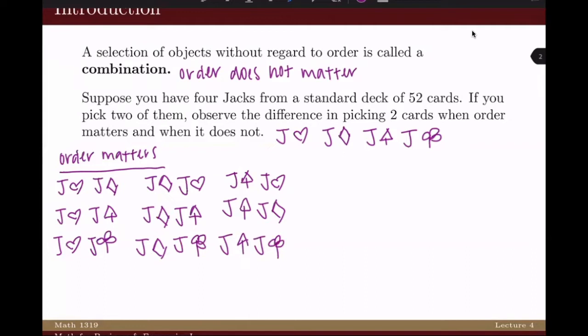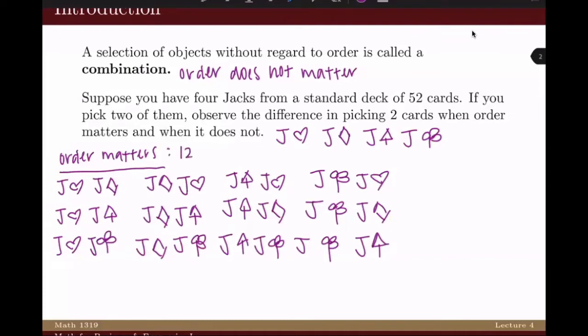And finally, we could have the Jack of Clubs and the Jack of Hearts, the Jack of Clubs and the Jack of Diamonds, the Jack of Clubs and then the Jack of Spades. So that's 1, 2, 3, 4, 5, 6, 7, 8, 9, 10, 11, 12. That's 12 possibilities, 12 outcomes. And that's when order matters.